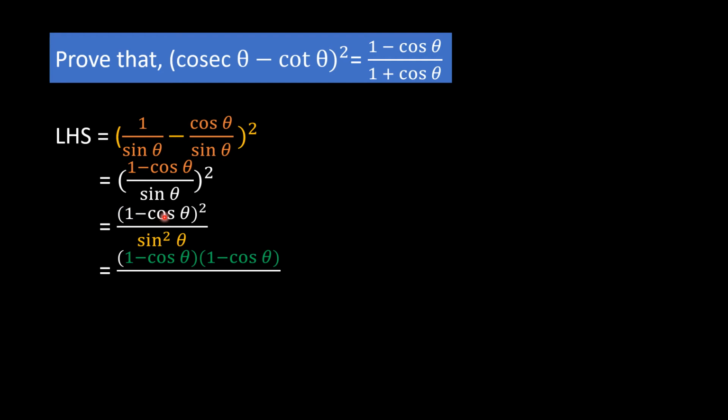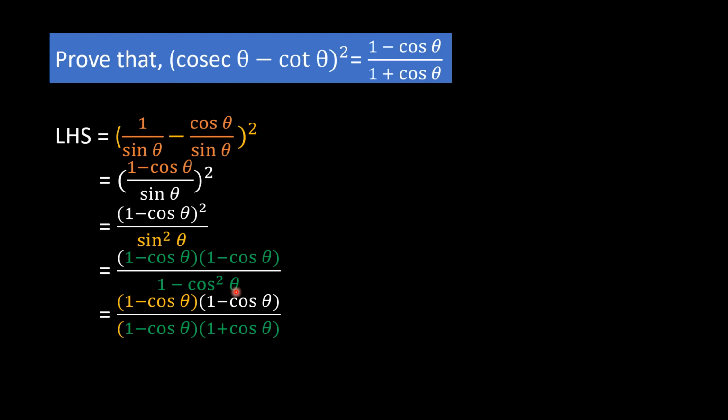(1 minus cos theta) whole squared will be (1 minus cos theta) multiplied by (1 minus cos theta). Sin square theta can be written as 1 minus cos square theta. 1 minus cos square theta can be factorized as (1 minus cos theta) multiplied by (1 plus cos theta).